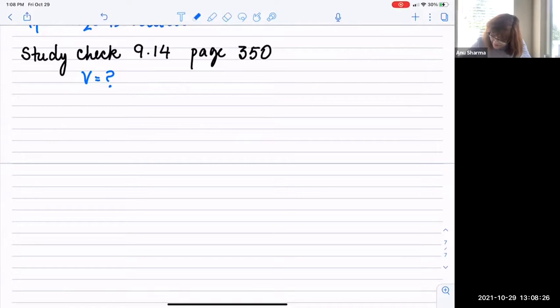Volume 1 is what we need to find, and the concentration given is 15% mass by volume. The other one is what you desire, what you need.